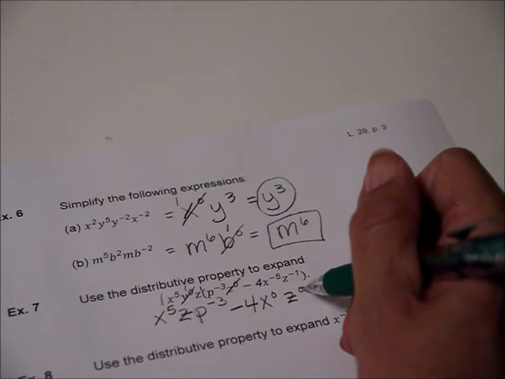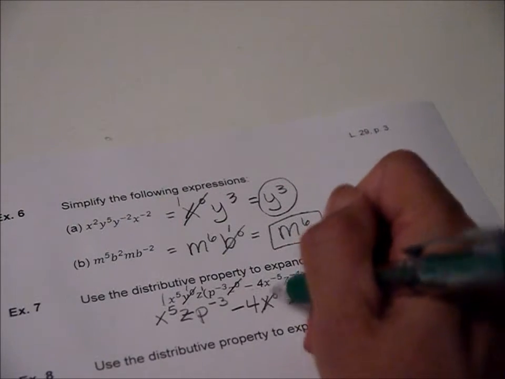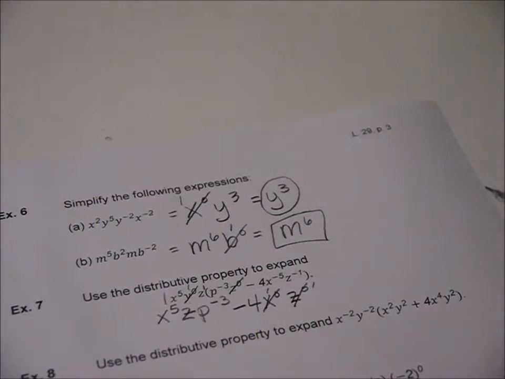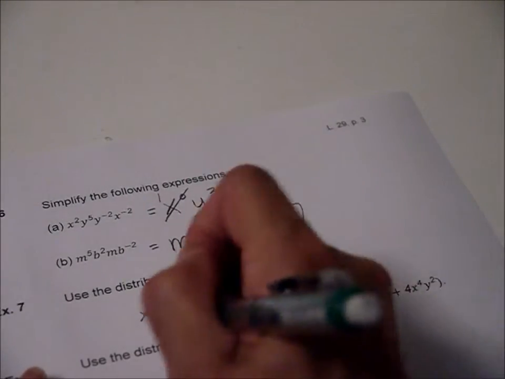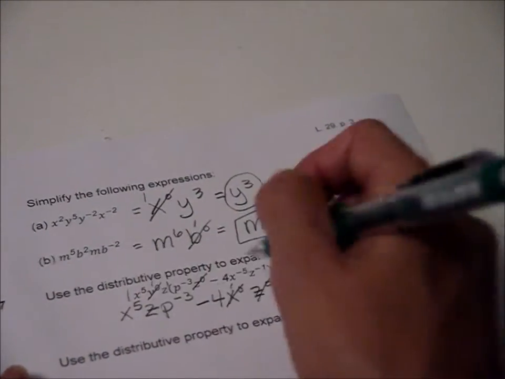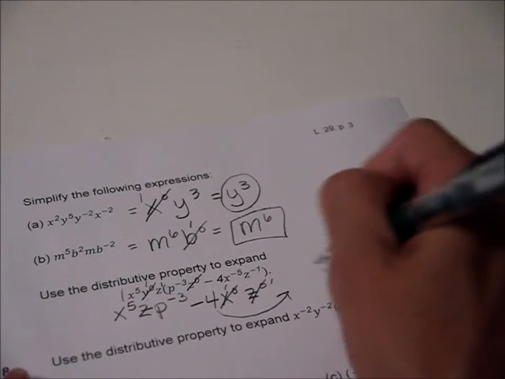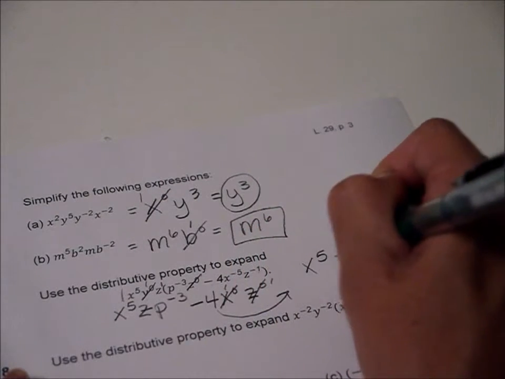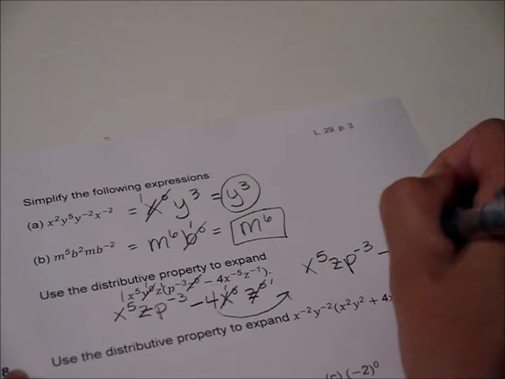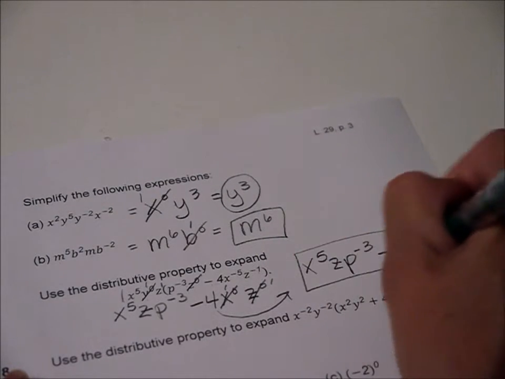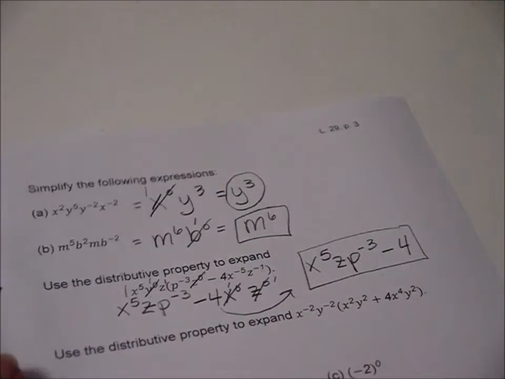When we've got these zeros, we go, okay, I can get rid of that, I can get rid of that. So what do I have left? When all the dust settles, what's left is, I'll write it over here, x to the 5th z times p to the negative 3 minus 4. That's all that's left. That's all that recovered from this.